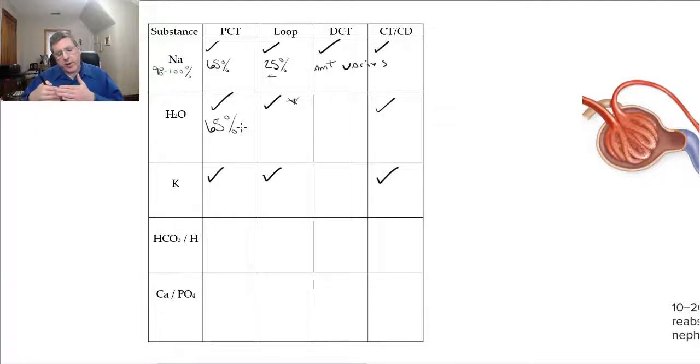So we have a constant or a relative constant number of aquaporins in which the water moves, and it's always going to follow salt. About 10% of water is reabsorbed, but only in the descending limb.